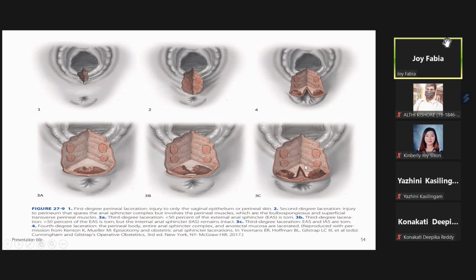And then the fourth degree, the perineal body, entire anal sphincter complex, and the anorectal mucosa are already cut. So you see, for the 3C, it only goes up to the internal sphincter, but for the fourth degree, the rectal mucosa is already affected.